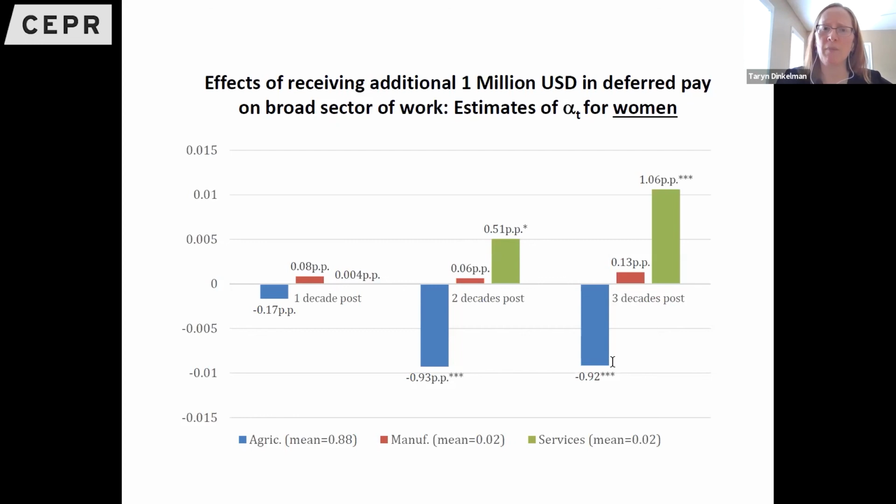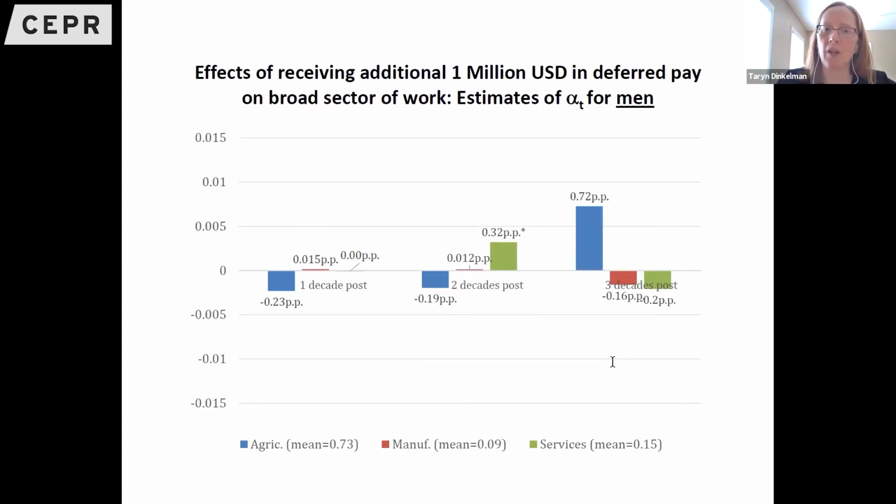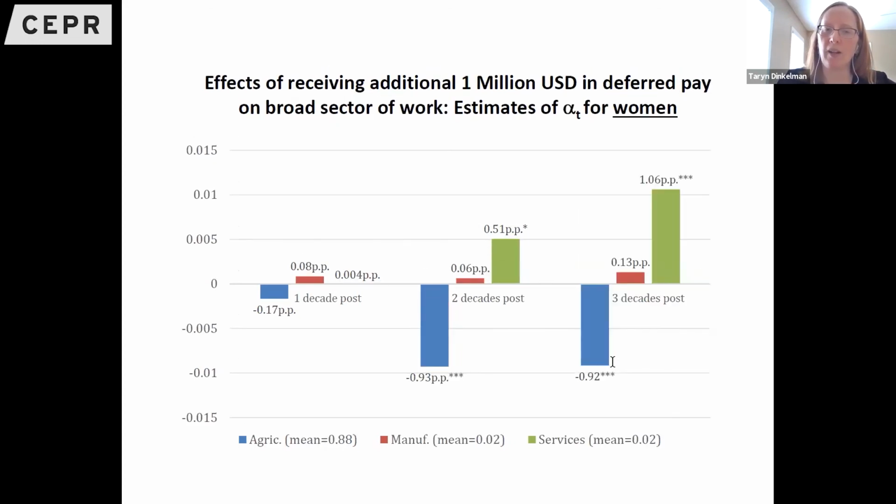And in terms of pooling men and women, do you have in mind just interacting for gender differences, pooling everything together, or just looking at the overall effect for men and women?